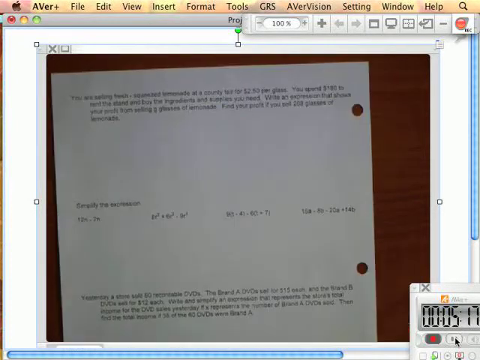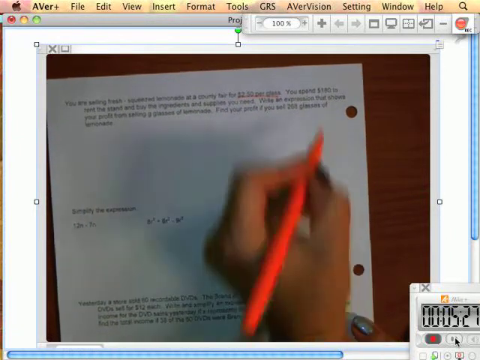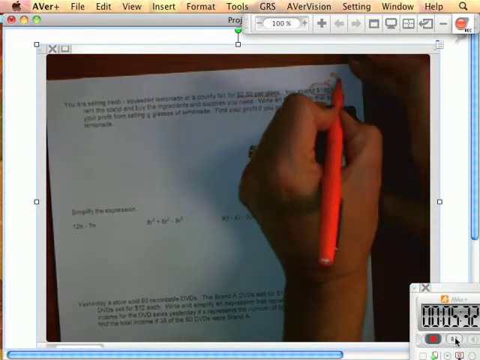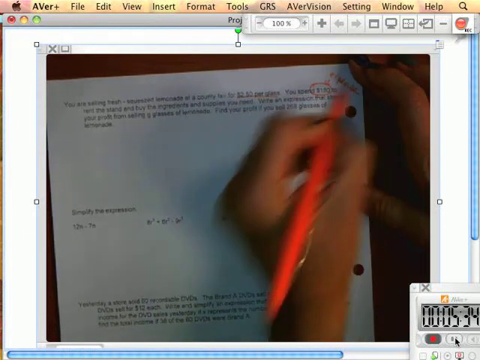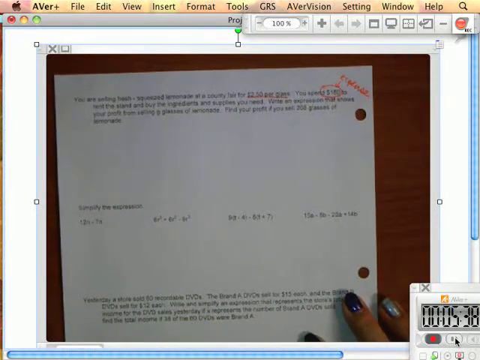All right. You are selling fresh squeezed lemonade at a county fair for $2.50 per glass. Might be important. I'm going to underline it. You spend $180. That's my expense. I'm spending $180 to rent the stand and buy the ingredients and the supplies you need.